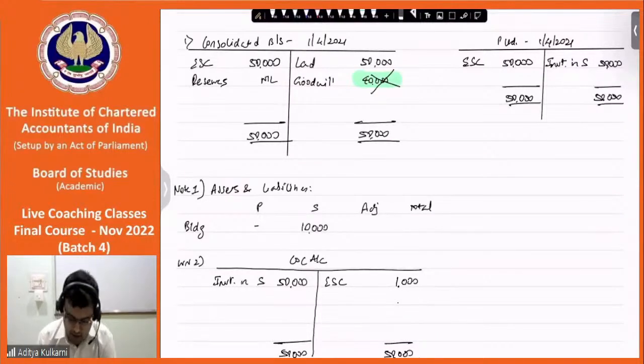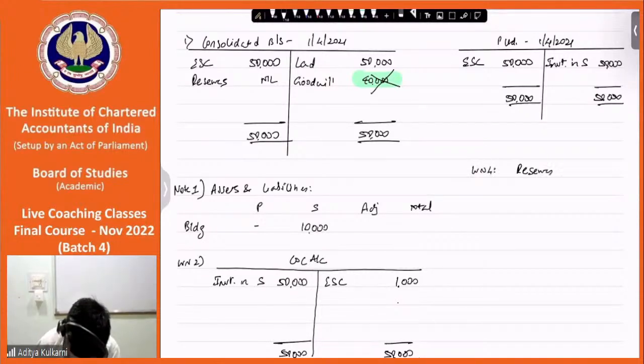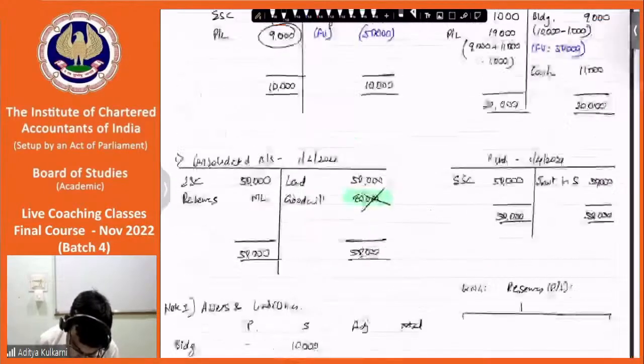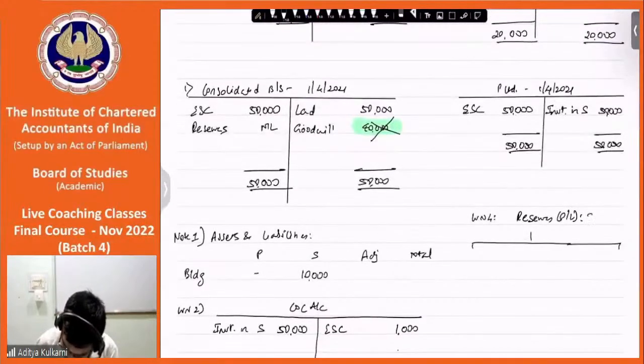Okay. Now, working note 4. Reserves. That is my P&L. On 1st April, what is the balance? On 1st April, the balance is 9,000.